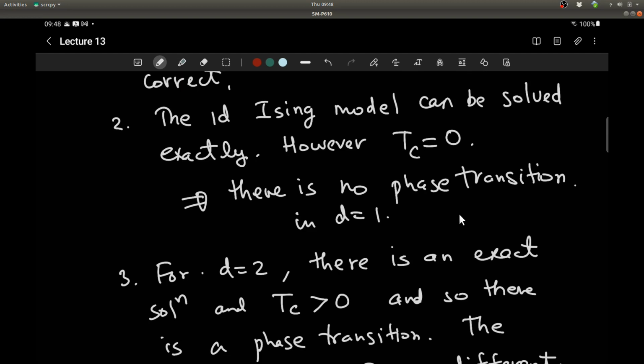It gave a non-zero value of Tc, so it's wrong in that sense. So there is no ferromagnetism in one dimension, except at exactly t equal to 0. But that you expect, that everything goes to the ground state at zero temperature.